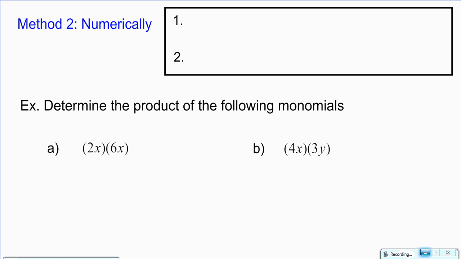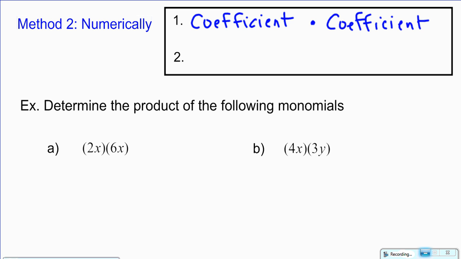And so the way that we do this numerically is we're going to take a coefficient and times it by the other coefficient. So that's like thinking numbers times numbers.